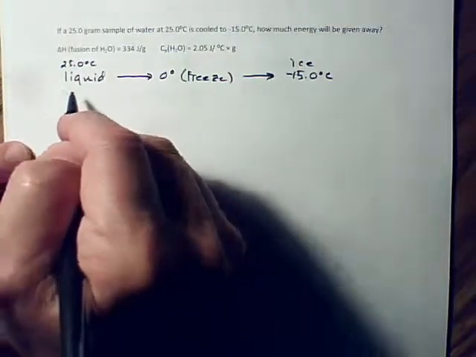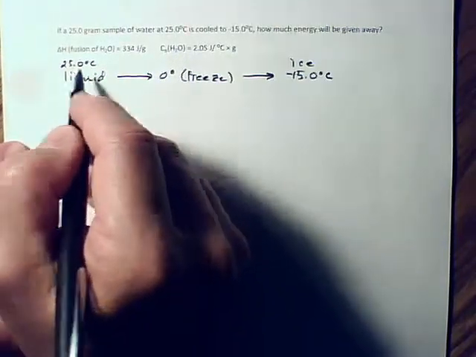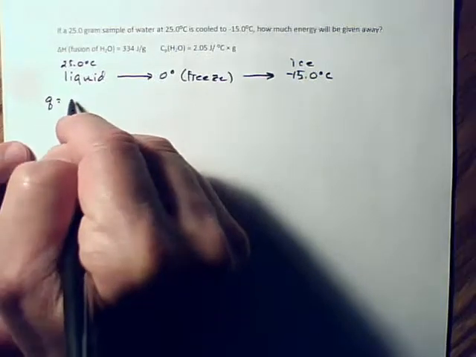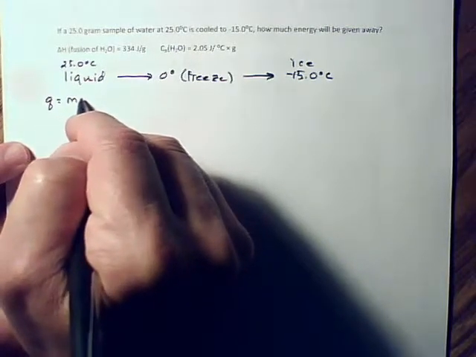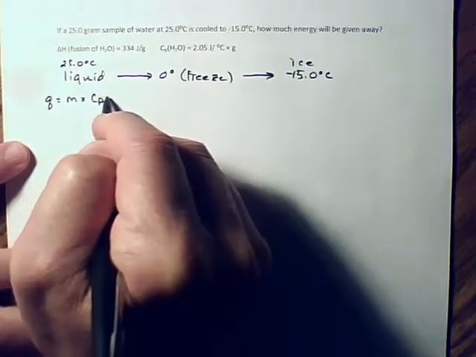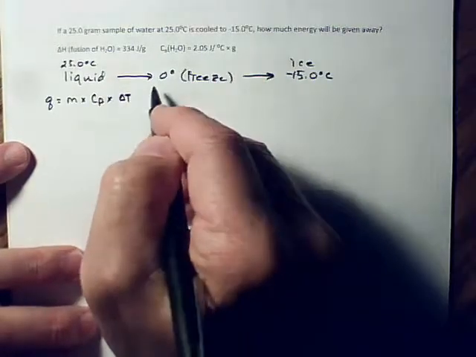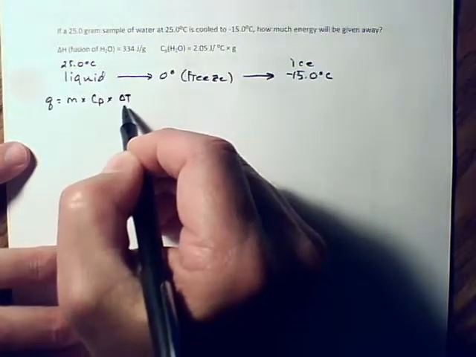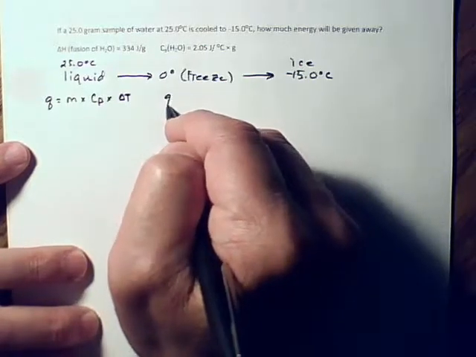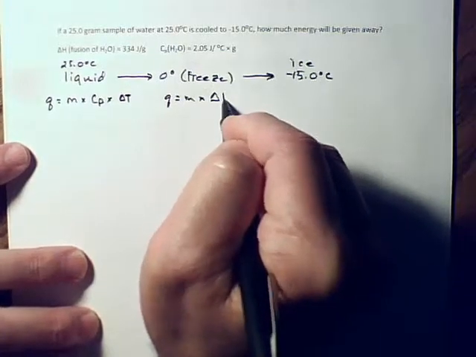Now, the equation for figuring out the energy lost during the cooling of liquid water is Q equals mass times the specific heat times the change in temperature. Then while we're freezing it, there's no temperature change, so we can't use this term. We have a different equation: Q equals mass times change in enthalpy.